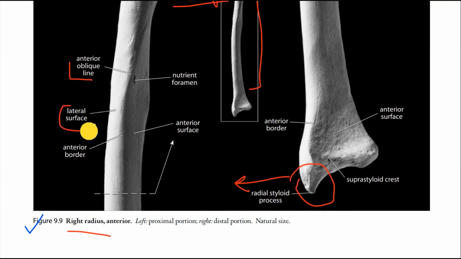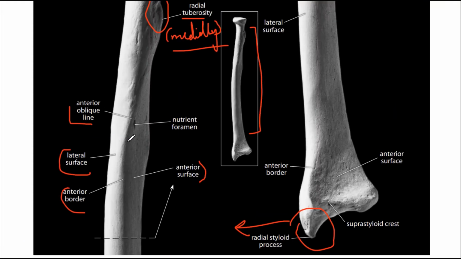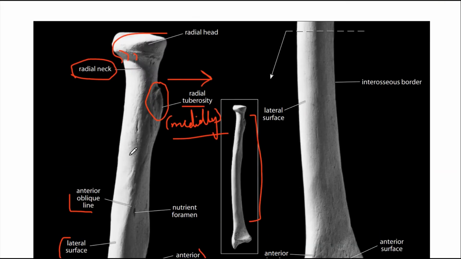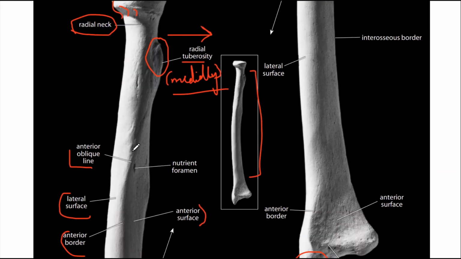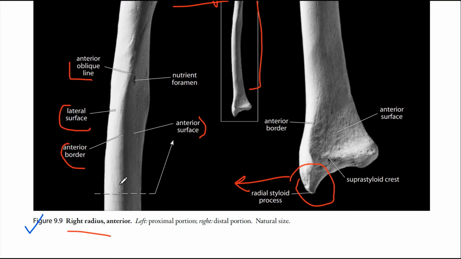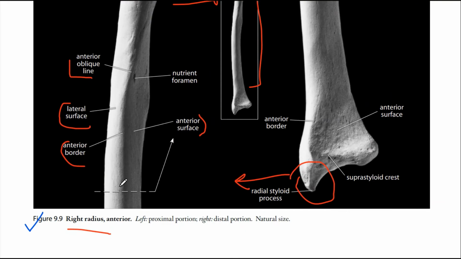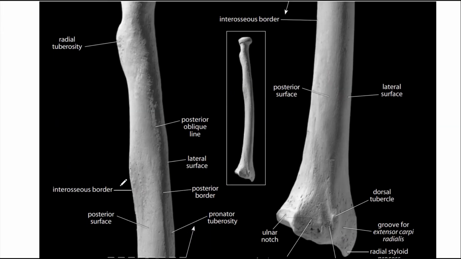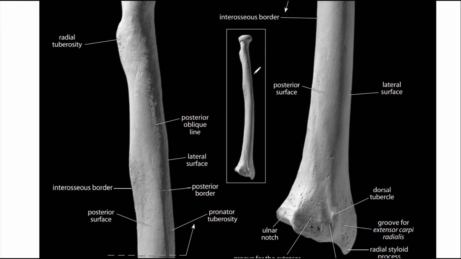Apart from that, the shaft is categorized into lateral surfaces, anterior borders, anterior surfaces, to give more names about it. For example, this oblique line, this surface is more visible on the anterior side, and if you see on the posterior side, the oblique line is not as a pointed area on the shaft.